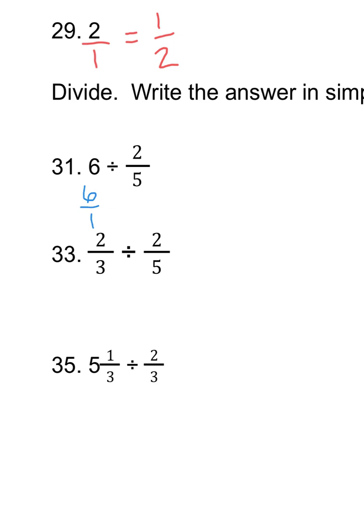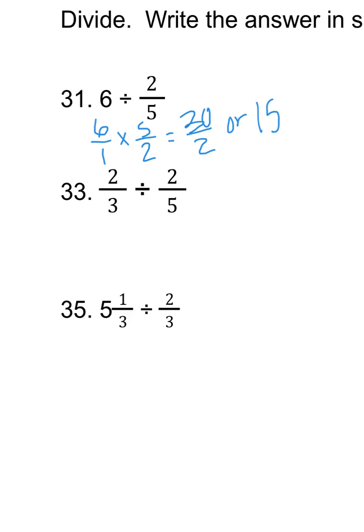We're going to multiply by the reciprocal. So we're going to multiply not by 2 over 5, but by 5 over 2. So we're going to flip and multiply. And then we end up getting 30 over 2, or 15.